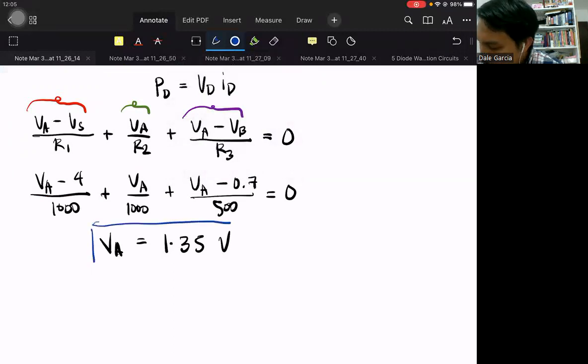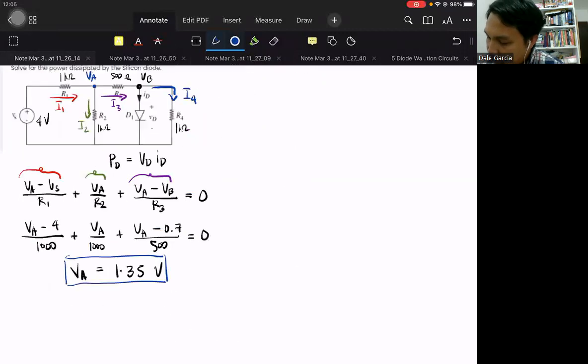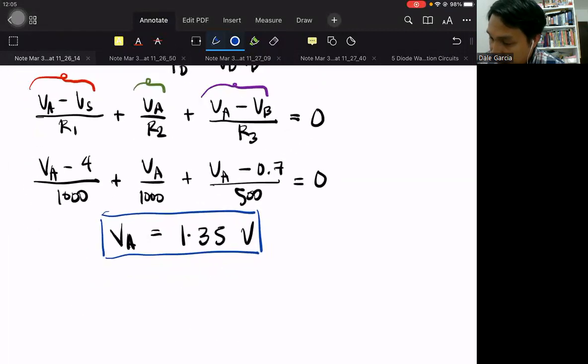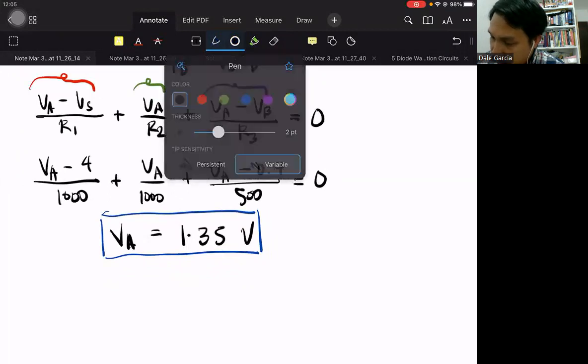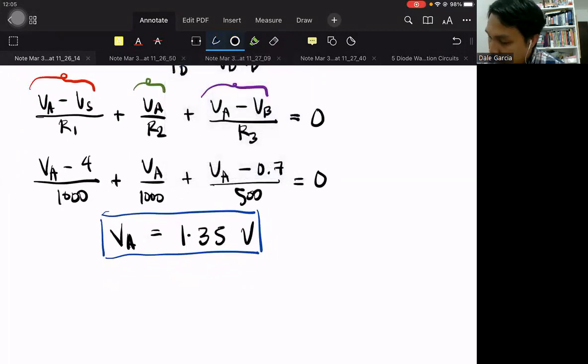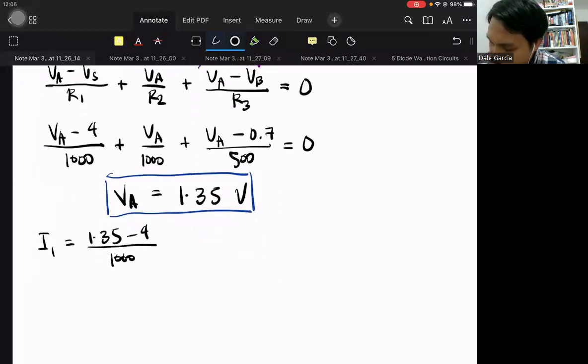From this, you'll be able to obtain currents I1, I2, and I3. I1 is the red arrow, I2 is green, I3 is purple. I1 is equal to VA minus VS over R1, so 1.35 minus 4 over 1,000.